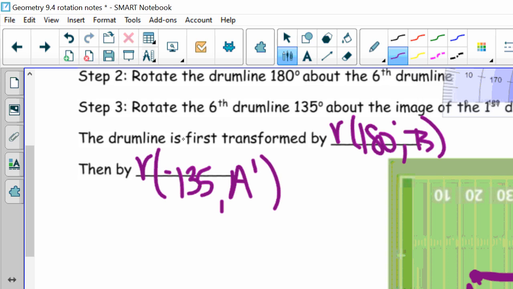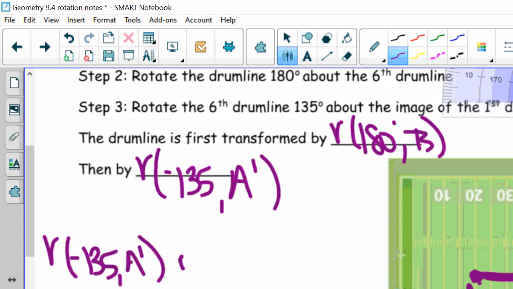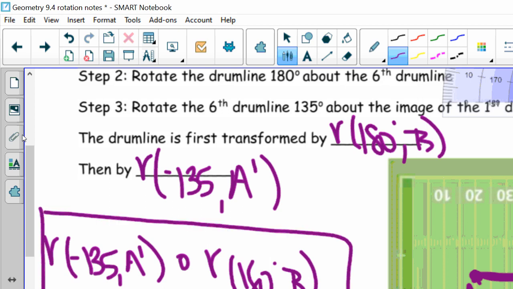I can write that as a composition. We always do the second one first: negative 135 comma A prime, this little open circle meaning a composition, of a rotation of 180 degrees comma B. Anytime you see something written like this, we always start on the inside, so this one gets done first. First I rotated 180 degrees about B, then I rotated negative 135 degrees about A prime.